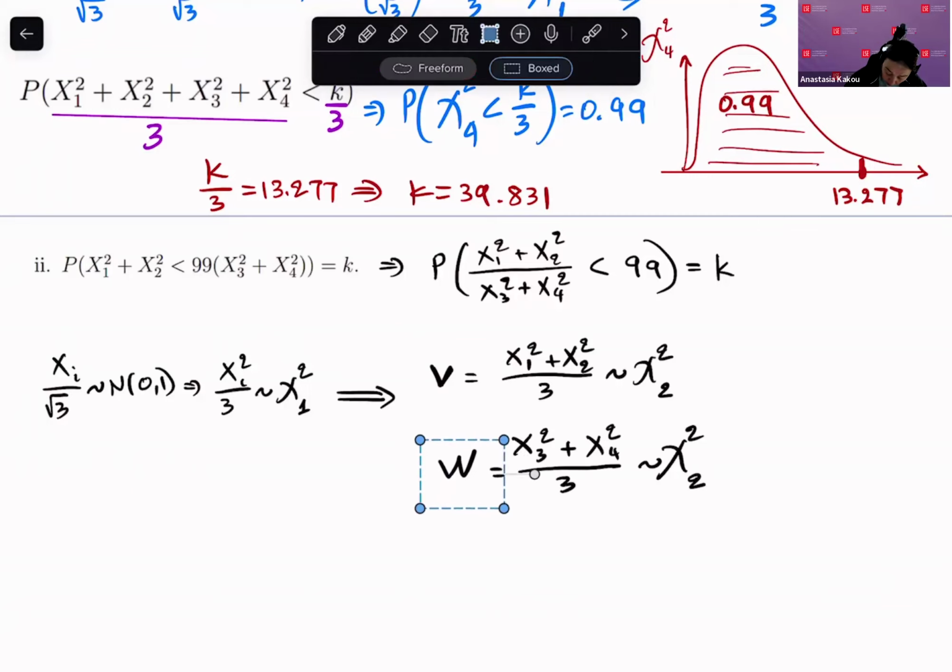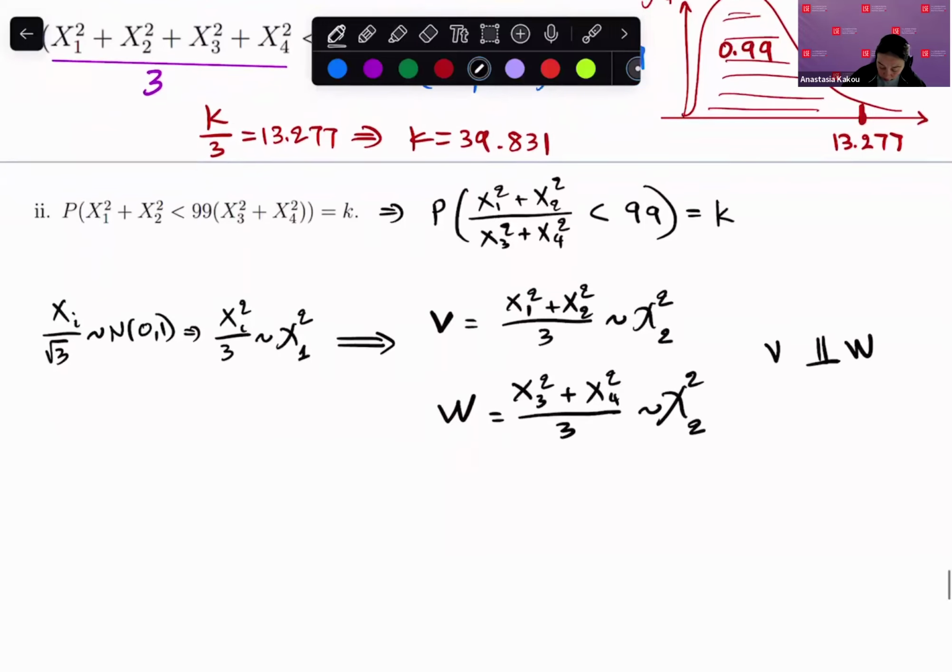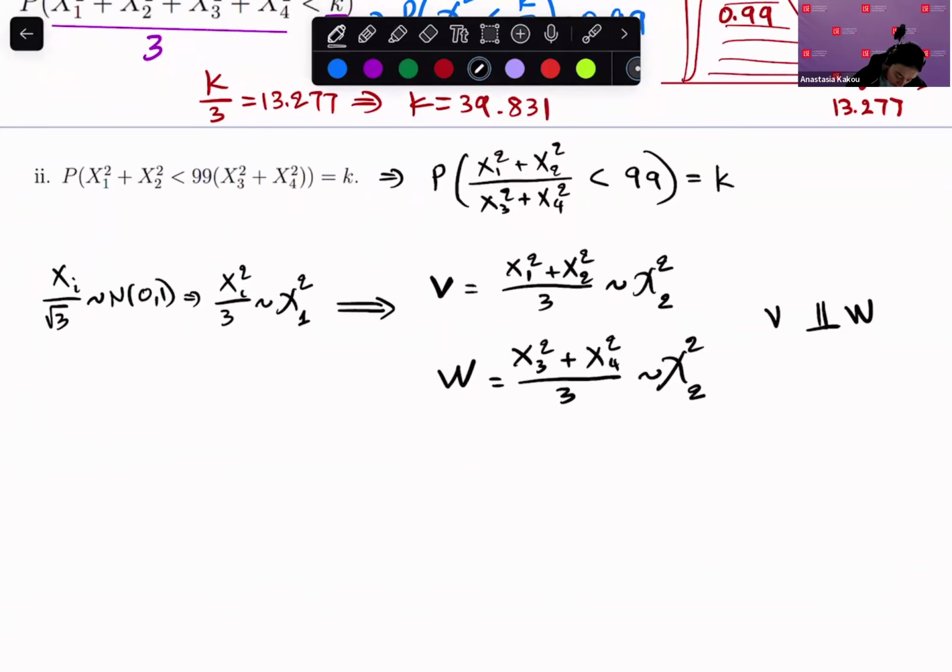And you also have that v and w are independent because they don't have common terms and because the xi's are independent, which means that if we take the ratio of chi-square variables scaled by their degrees of freedom, then we end up with an F distribution with 2 and 2 degrees of freedom.